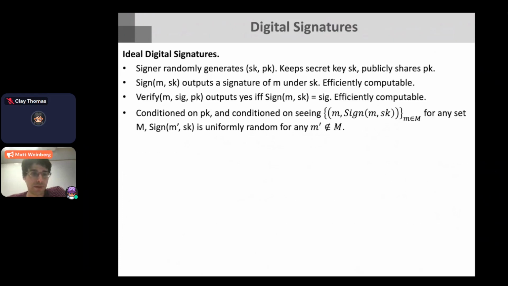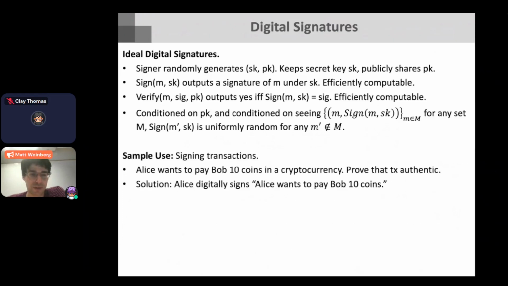So let me give you a sample application: signing transactions. Say Alice wants to pay Bob 10 coins in a cryptocurrency, and I'd like to make sure that Alice actually wants to pay Bob 10 coins, and it's not just Bob trying to steal Alice's money.